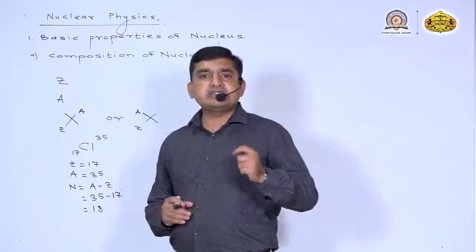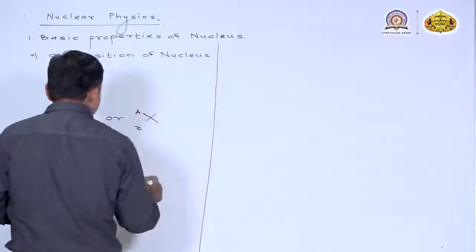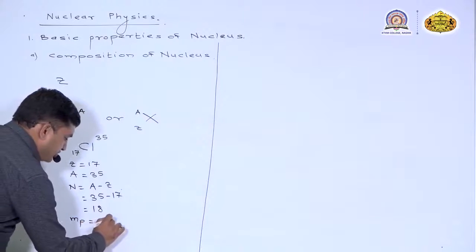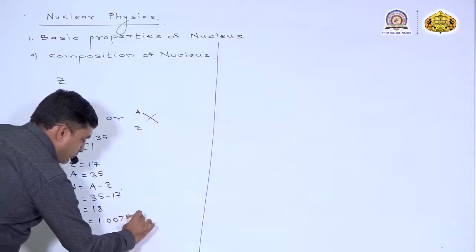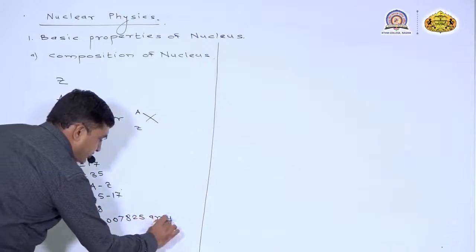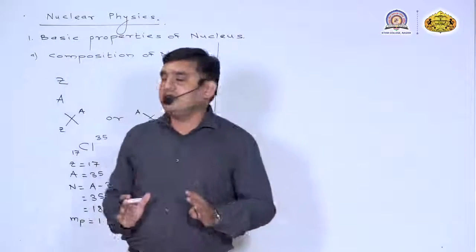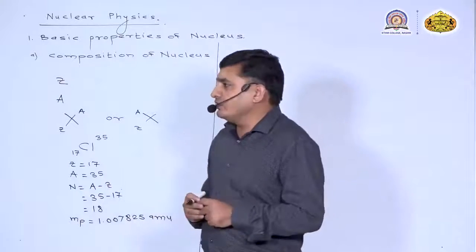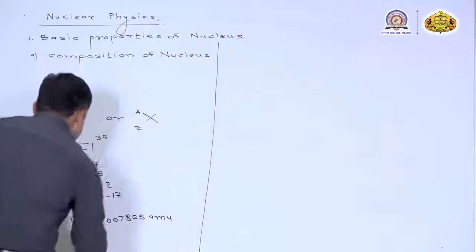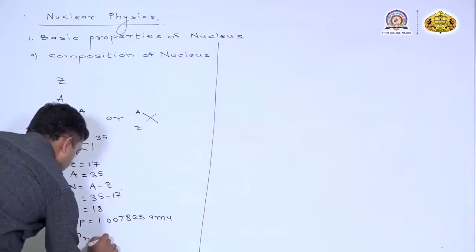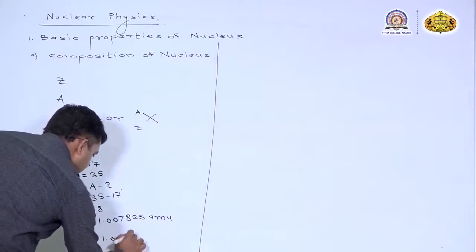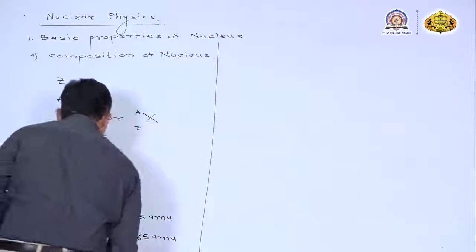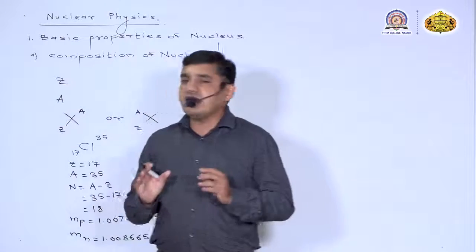Here the mass of a proton is 1.007825 AMU, that is atomic mass unit, while the mass of a neutron is 1.008665 AMU, that is atomic mass unit.